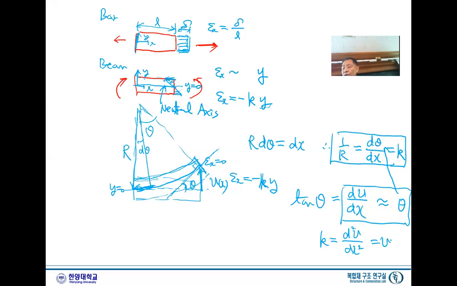So simply v double prime. That is the curvature. This is the most important result: if we have a deflection curve, v in terms of x, and we take the second derivative, what is that? That is the curvature. What is a curvature? It's 1 over R.